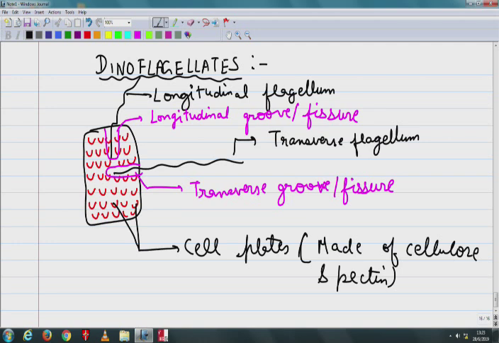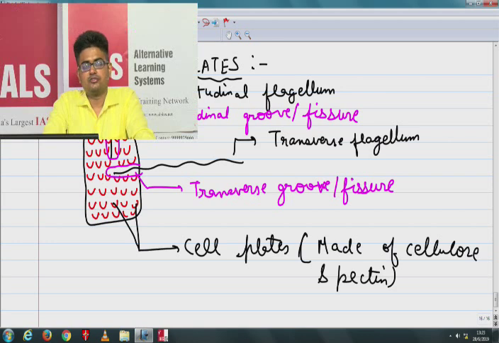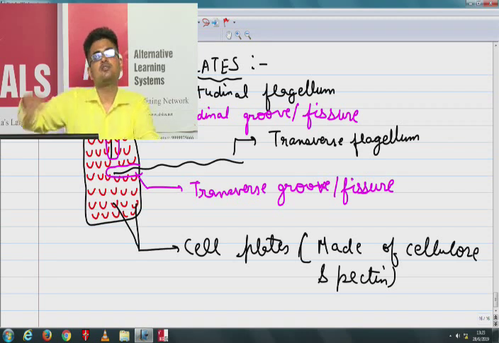Fireflies glow in the night. Dinoflagellates have this property, some dinoflagellates are bioluminescent. That means at night time, they will make the sea look colorful. They will glow in the night. It will look like tiny stars are present in the sea water.